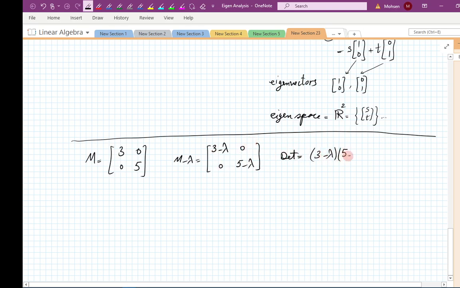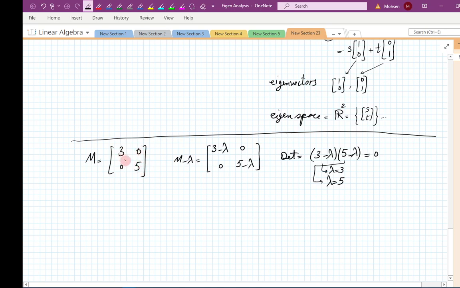Well, the product of the other two is just 0. I don't have anything there to worry about. I don't go ahead and multiply them, because then I have to factor it. That's going to be silly, to multiply and then factor again. You'll be back where you are. So here we just say lambda equal to 3 is one answer, and lambda equal to 5 is the second answer, which is essentially, if you want to memorize, I don't want to recommend that, just the numbers on the diagonal.